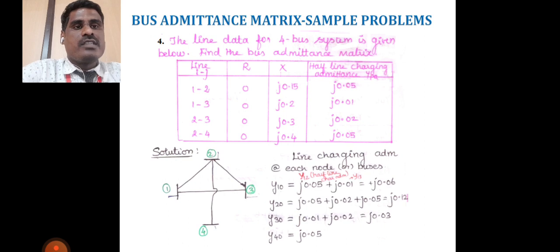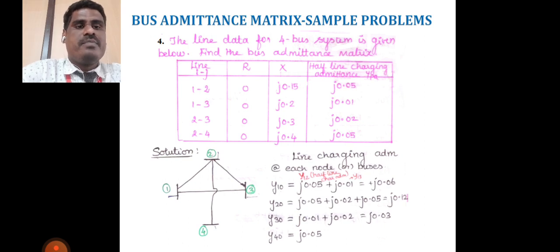In the 4 cross 4 matrix we have Y11, Y12, Y13, Y14, Y21, Y22, Y23, Y24, again Y31, Y32, Y33 and Y34, finally Y41, Y42, Y43 and Y44.